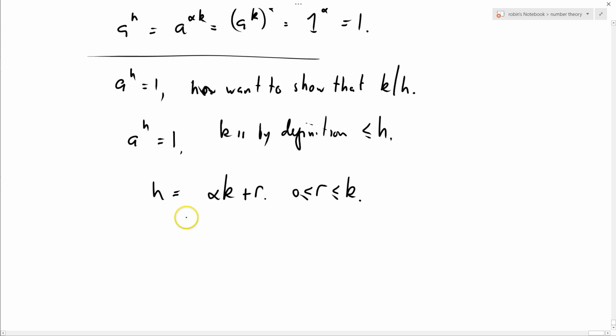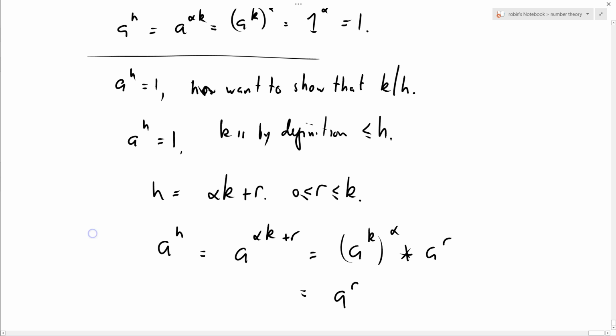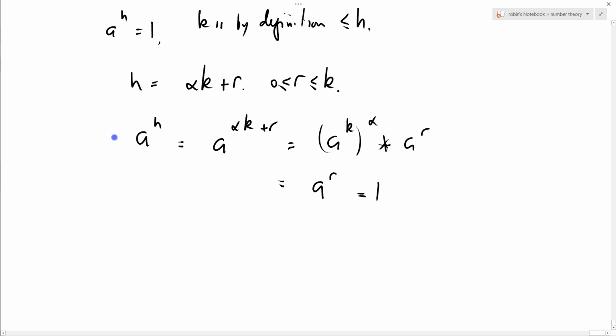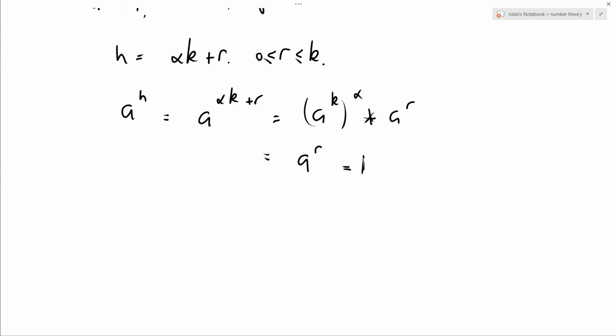So what does that tell us? Let's have a look at a to the power h now. That's a to the power alpha k plus r equals a to the power k to the power alpha times a to the power r equals a to the power r, which equals 1.